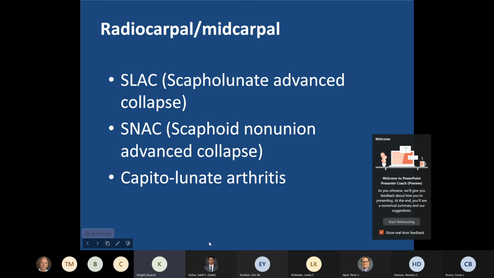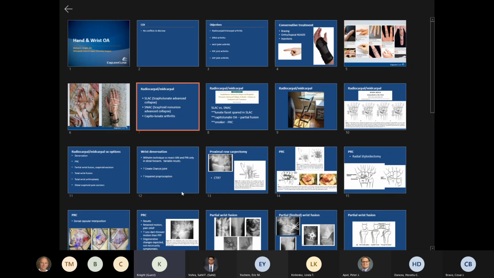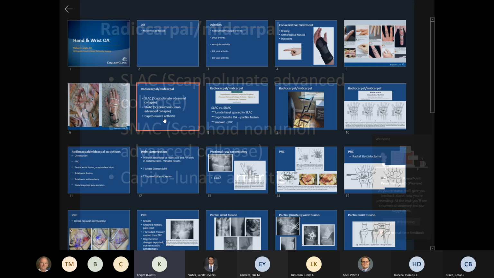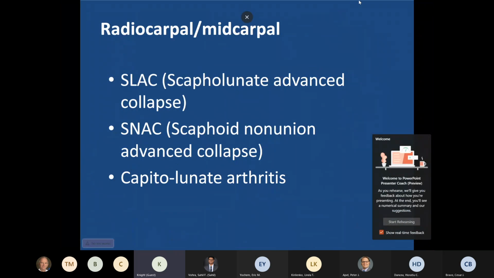Of course, scapholunate advanced collapse deals with rupture of the intrinsic and extrinsic ligaments, the scapholunate ligaments. Once there is static widening and a DISI deformity, there's a risk of the patient going on to a predictable pattern of arthritis that has been described.